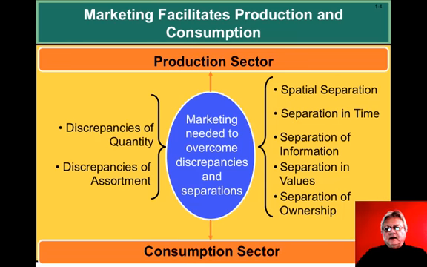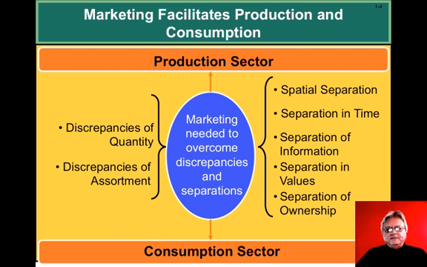In effect, marketing bridges the gap between the production sector and the consumption sector. If you look at this slide, on the left side, you might notice that there are discrepancies of both quantity and assortment regarding goods and services demanded by the customer at the consumption sector level, and quantities and assortments preferred by the production sector. Companies prefer to produce in large quantities.